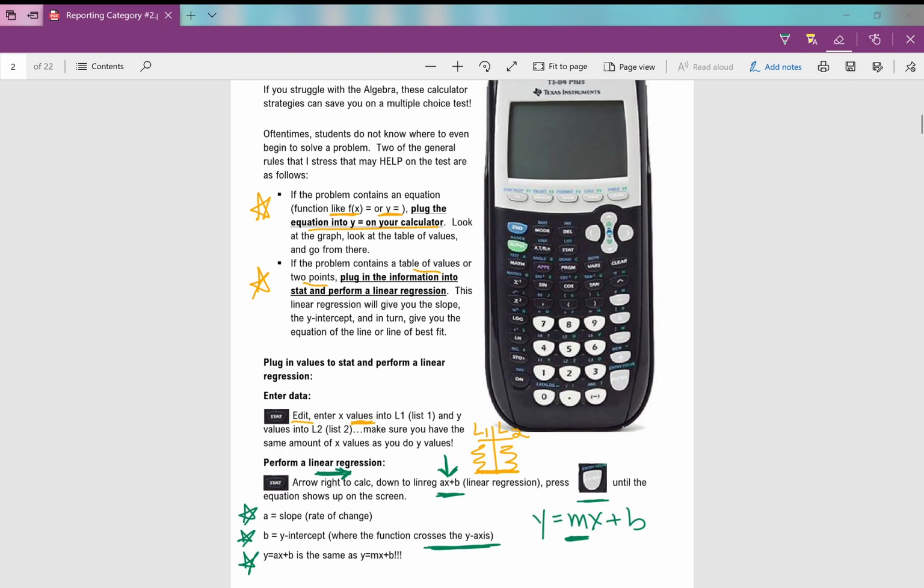The line of best fit, you're still going to enter in the data into stat, and you're still going to do stat, calc, linreg, but sometimes questions in this category ask for a correlation coefficient. So we need to turn on our diagnostics. How do I do that? Well, it's right here in the catalog. That's in blue on this calculator.